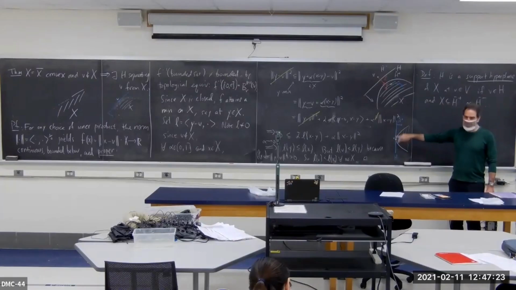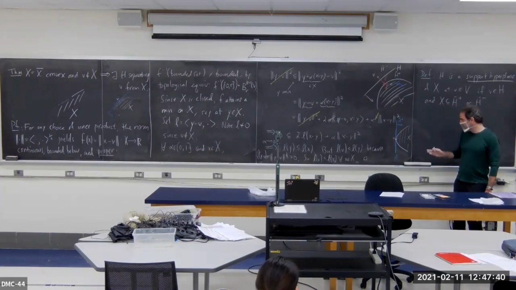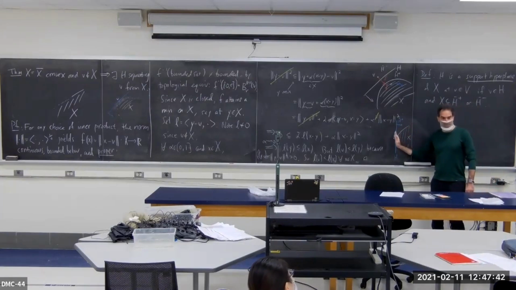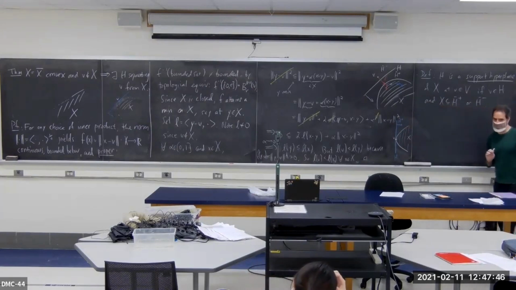It's not separating, so there's nothing to conclude. But if v was not in X and this was a separating hyperplane, then it would be a support hyperplane. It's easier to be a support hyperplane in that sense.